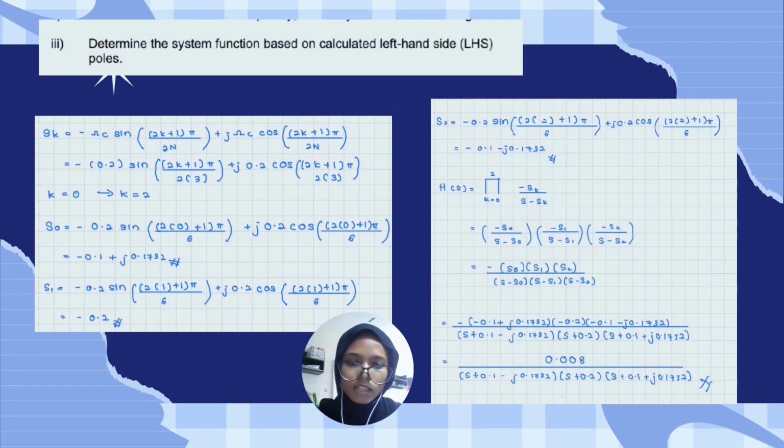When we multiply these factors together, we arrive at our final analog system function, which simplifies to 0.008 over s cubed plus 0.4 s squared plus 0.08 s plus 0.008. This completes the mathematical synthesis of our Butterworth filter. It is now ready for digital transformation and MATLAB validation.